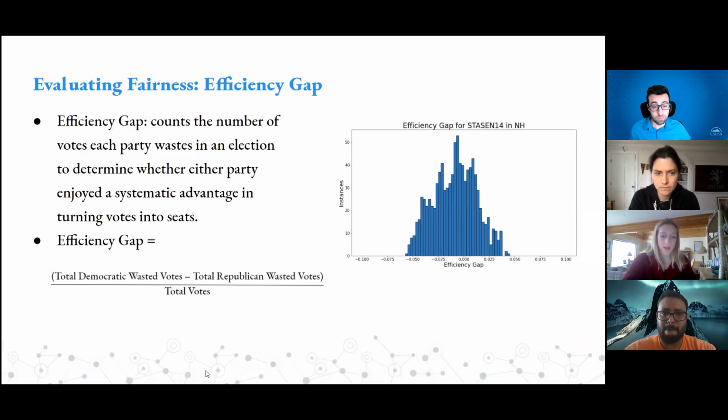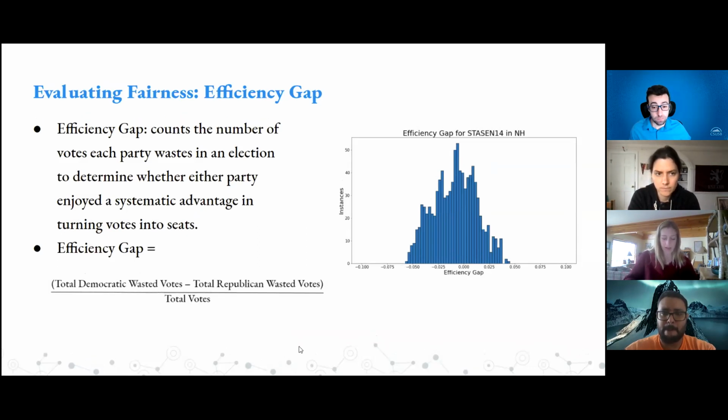Another way we can evaluate fairness is through the efficiency gap. And this counts the number of votes that a party wastes in an election to measure whether one party had a systematic advantage in gaining seats through their votes. To calculate this, any votes cast for a losing candidate are considered wasted, as are any votes for a winning candidate in excess of the number needed to win.